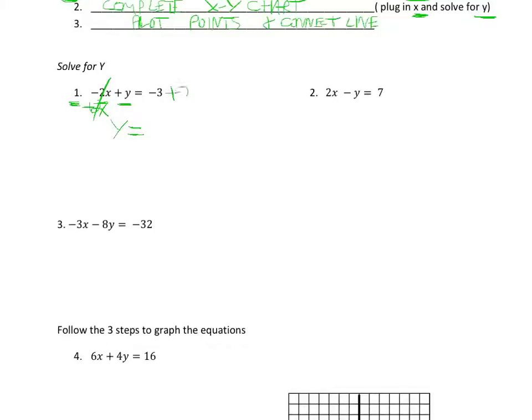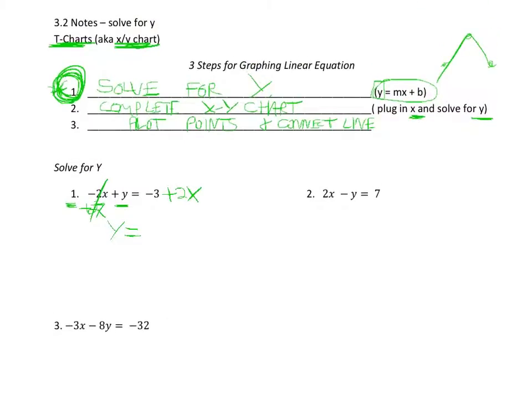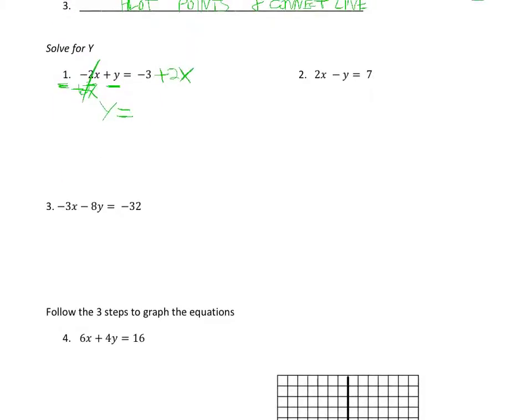I add 2x here. Now, get in this habit. We have y equals negative 3 plus 2x, but I'm going to switch around the order. Because of mx plus b, I want the x written first, and you'll see why later. So let's put that first. If I rewrite this, it's 2x. Since this is negative 3, then I put minus 3. And I have y by itself.